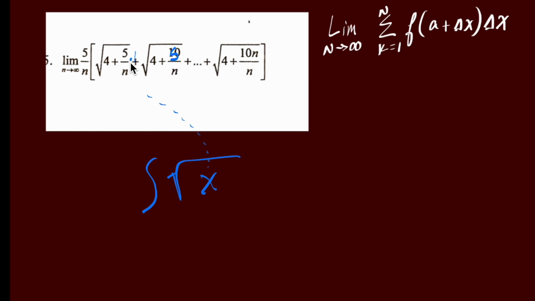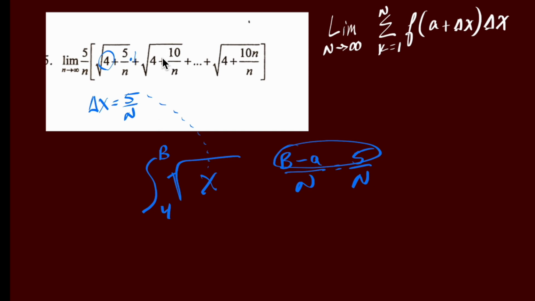So here, if we have delta x of 5 over n times a k value of 2, that yields the 10 over n. So I believe here our delta x is going to equal 5 over n, and our a value is going to be 4. So let's put 4 in the a value, and in order to get the b, we're going to do b minus a over n, and we're going to say our delta x is 5 over n.